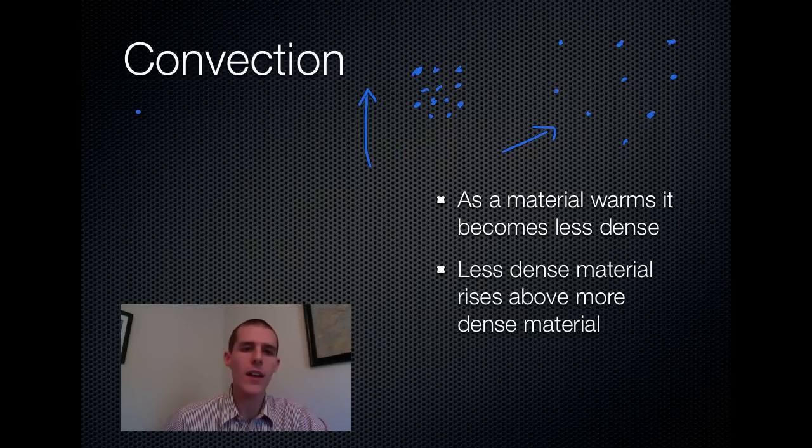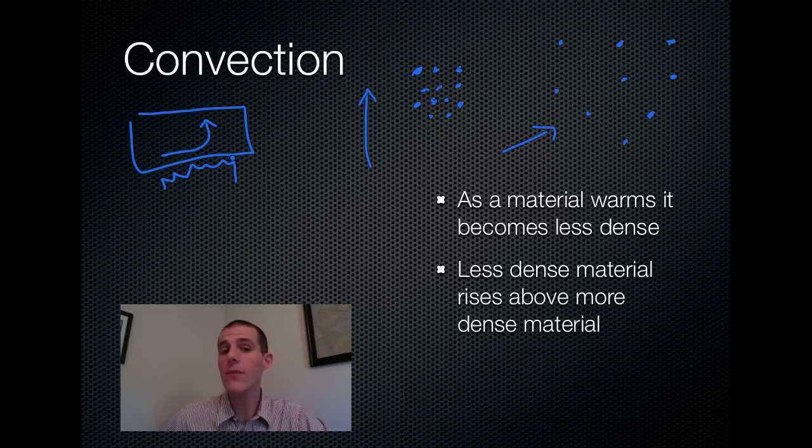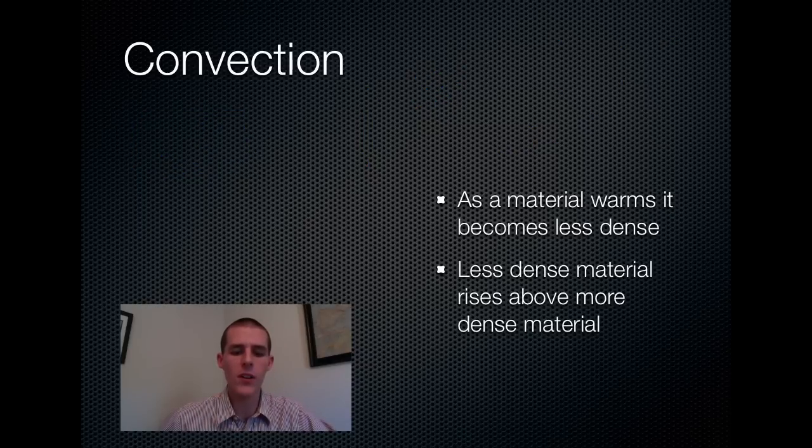If you have a whole body of water and we put a flame underneath it, as the water on the bottom heats up, it's going to become less dense and rise up towards the top of our pot. So that is the first part of convection that you need to be aware of. When things heat up, they become less dense. Less dense materials rise above more dense materials.